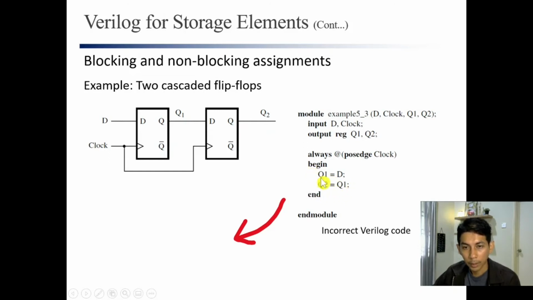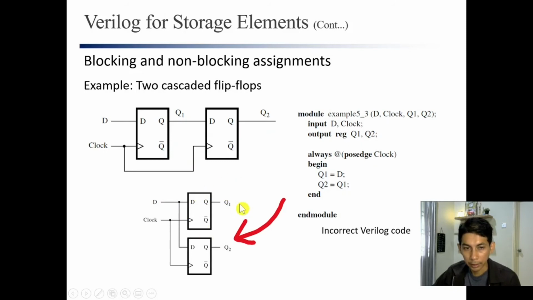It should look correct, right? It looks correct. But what the Verilog compiler gives you after synthesis is something like this, because it will conclude that Q2 is actually equal to D as well.